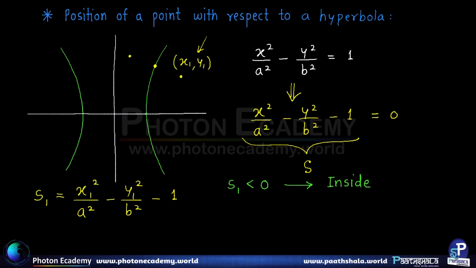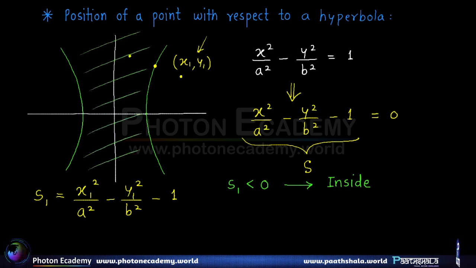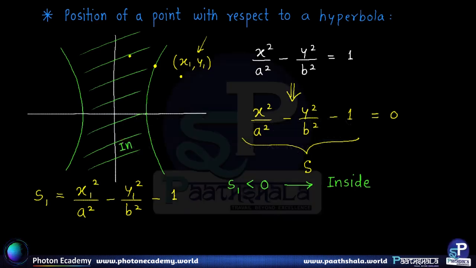The inside portion is that which is contained, as shown here, within the two branches of the hyperbola. If S1 is greater than 0, then the point lies outside the hyperbola. That is the region which is to the left of the left branch or to the right of the right branch.